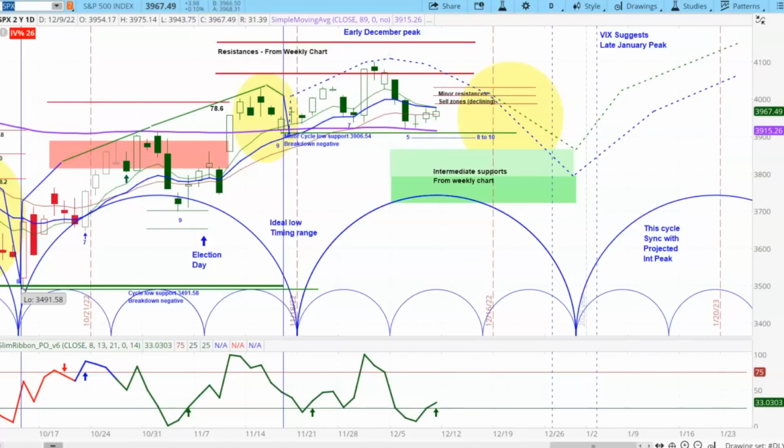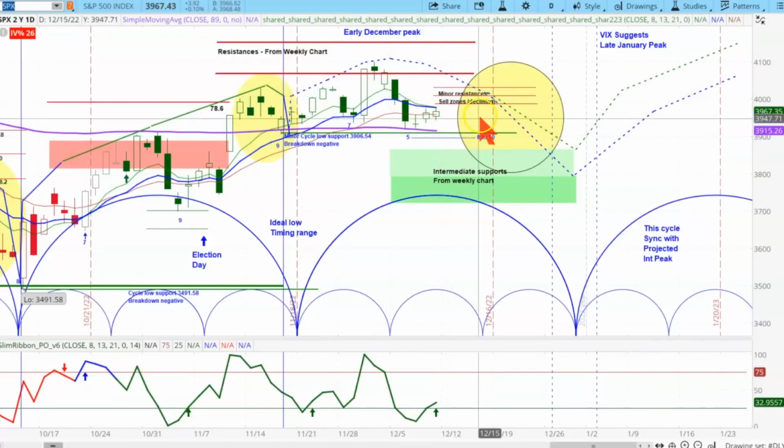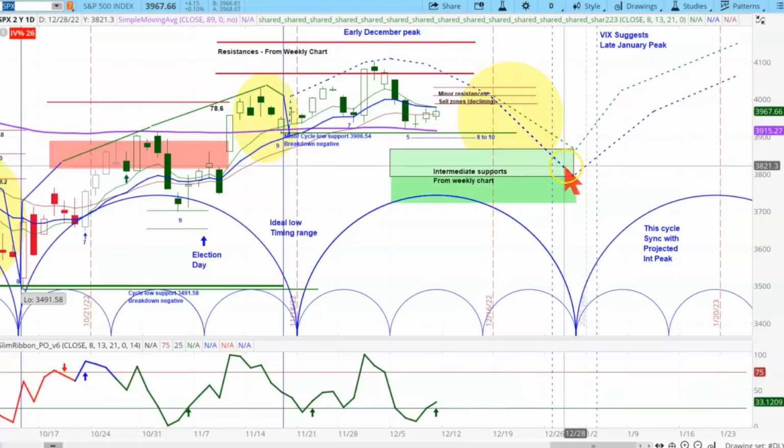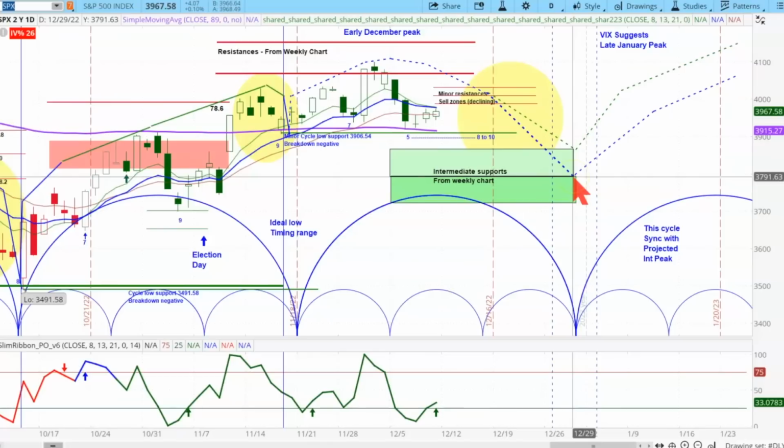So it's a pretty good likelihood that we're going to see a failure in here, an attempted rally out over here somewhere, which would be, in my opinion, a very high probability short sale for short-term traders, and then a move downward again in towards the end of the year.